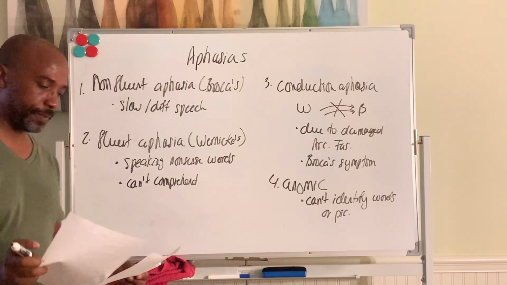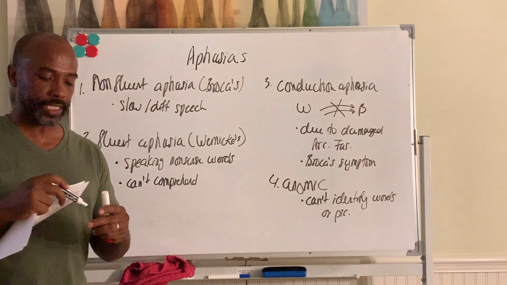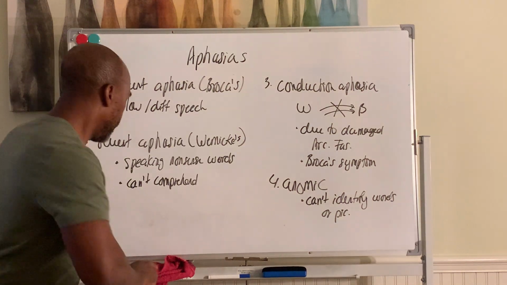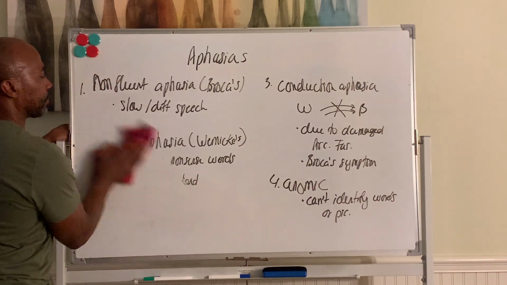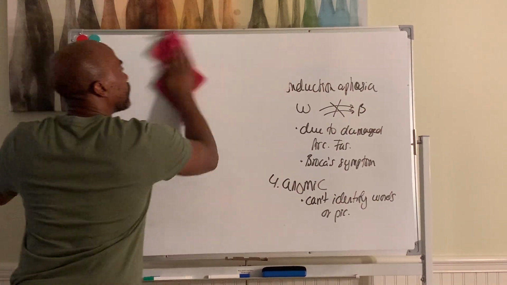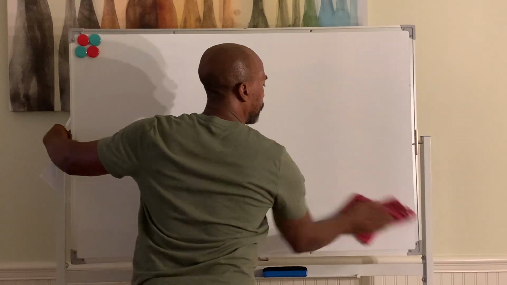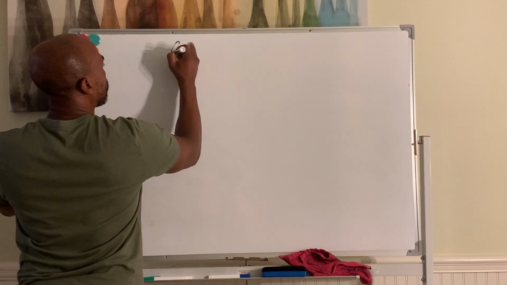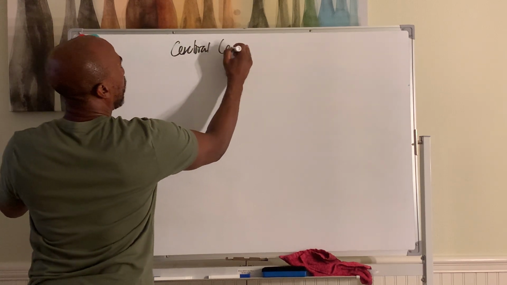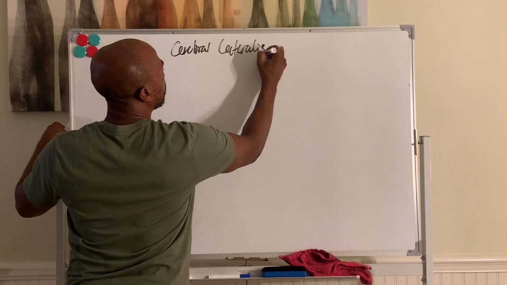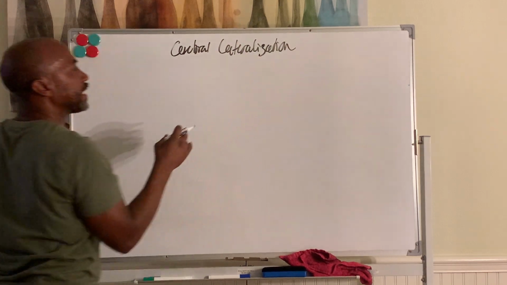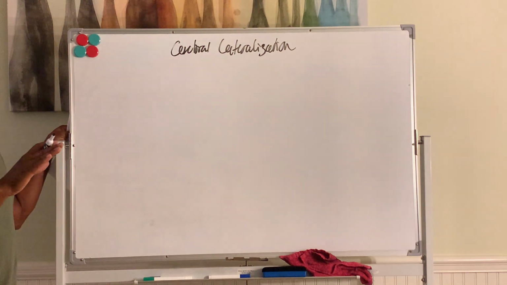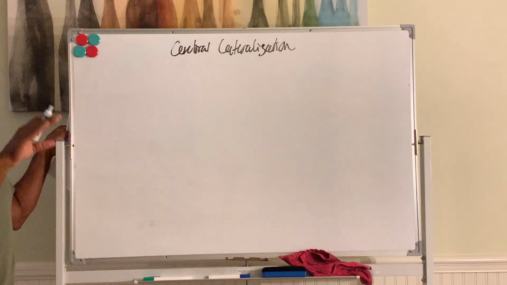All right, so that's language. Let's next switch gears and go over to what's called cerebral lateralization. Cerebral lateralization is this phenomenon where one side of the brain does something better than the other side of the brain.